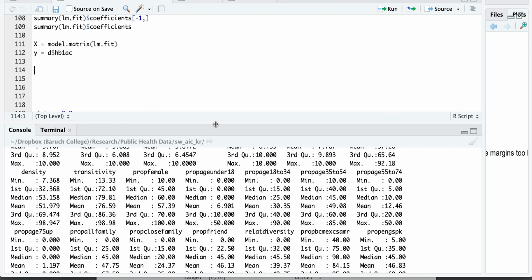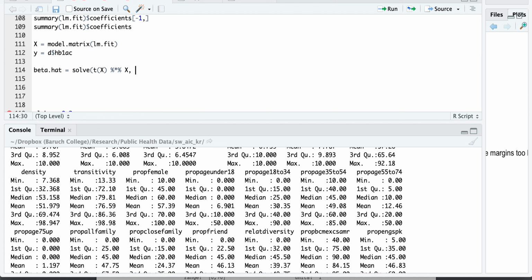Now the next thing we can do with this is theta hat, which is what? It is X transpose X, right? The inverse of this, and we do solve to do that.